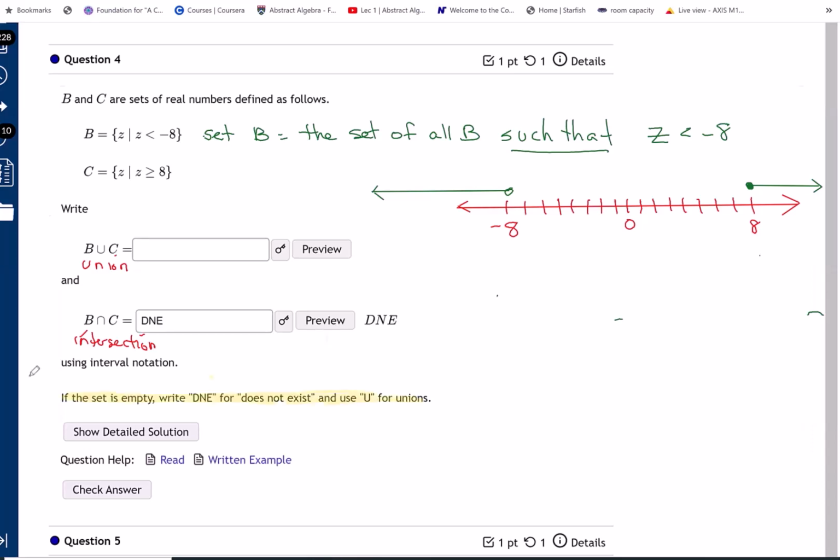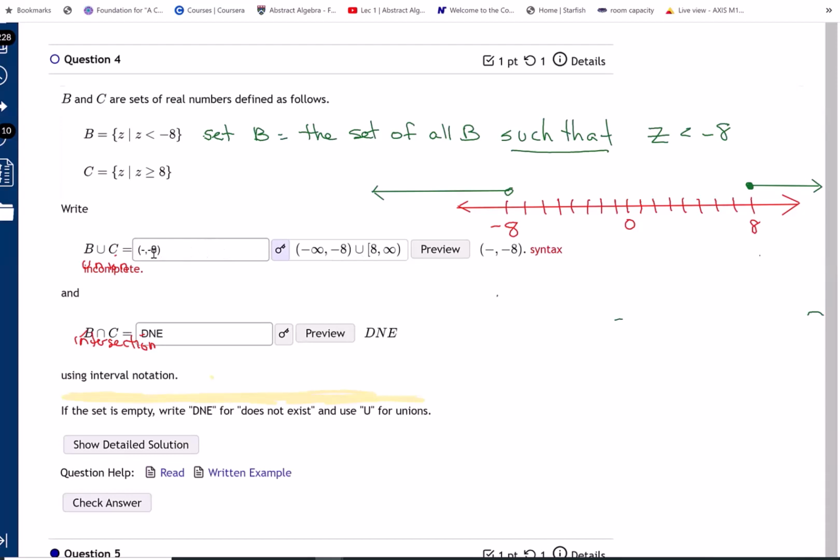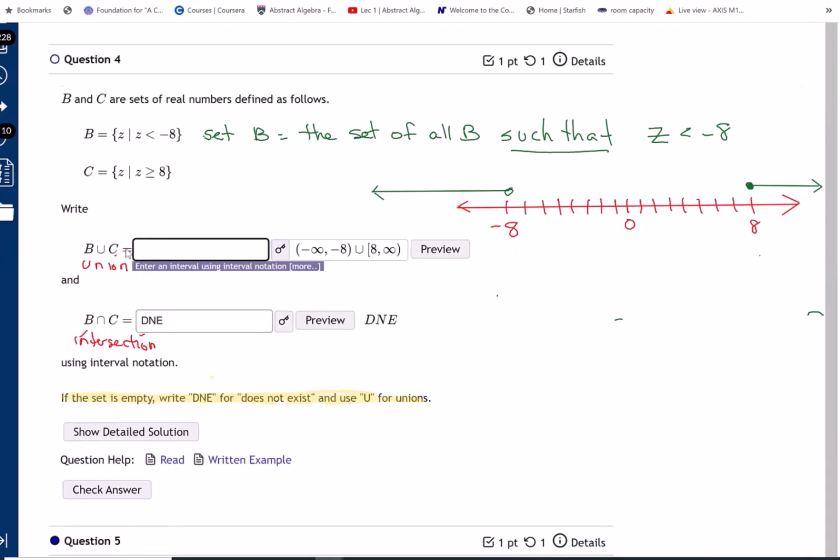That one's DNE. B union C, well, I want everything, which means I have two intervals. I have an interval that starts at -infinity. I don't have the infinity sign here, I'll just do a preview. This is what it would look like, because I want to go from -infinity, which is right here, to -8, which is open.